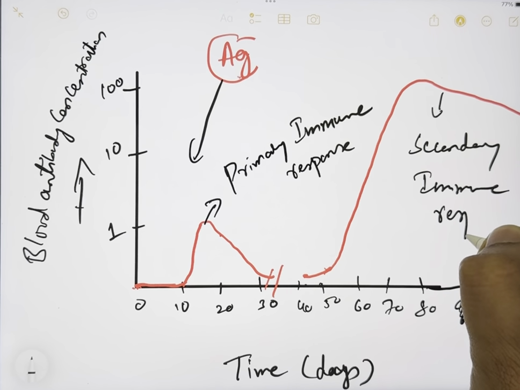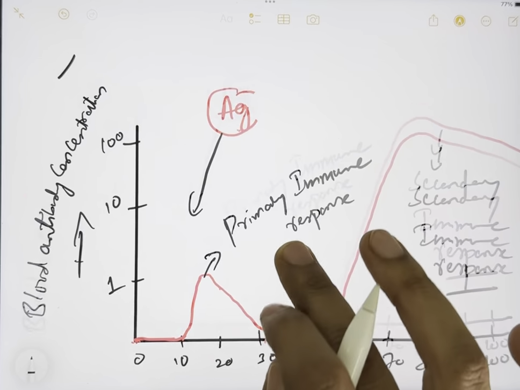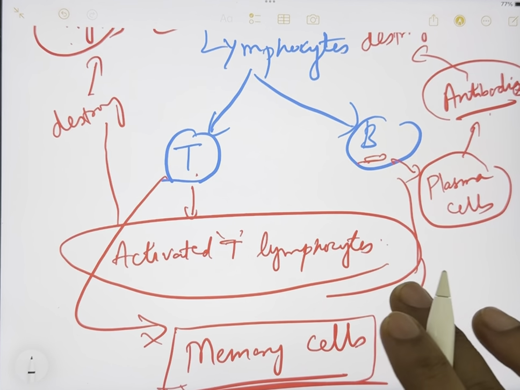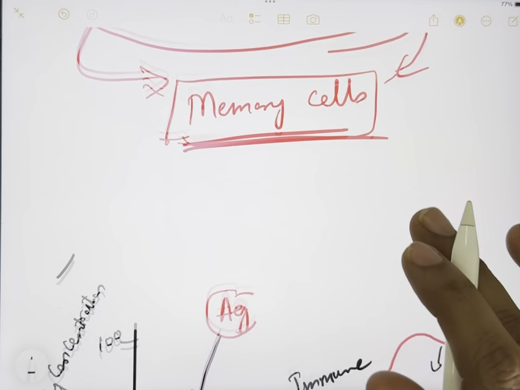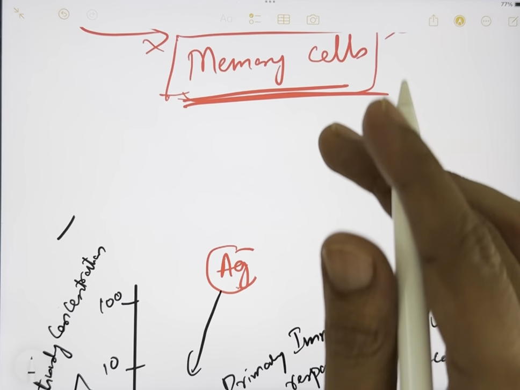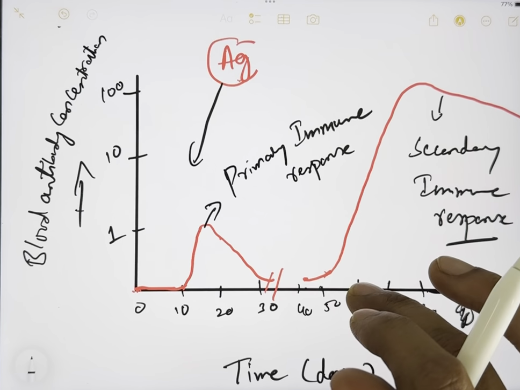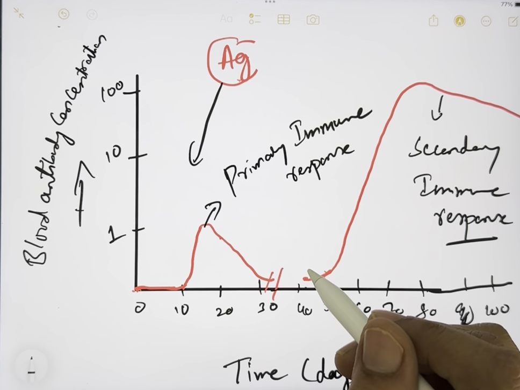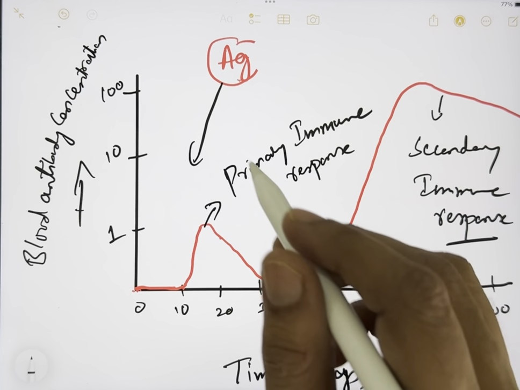Now, why is it so? I have already described, it is due to memory cells. A few of the activated T lymphocytes or B lymphocytes remain dormant as memory cells, either B memory cells or T memory cells. So these memory B cells are already formed during the second exposure of the same antigen.